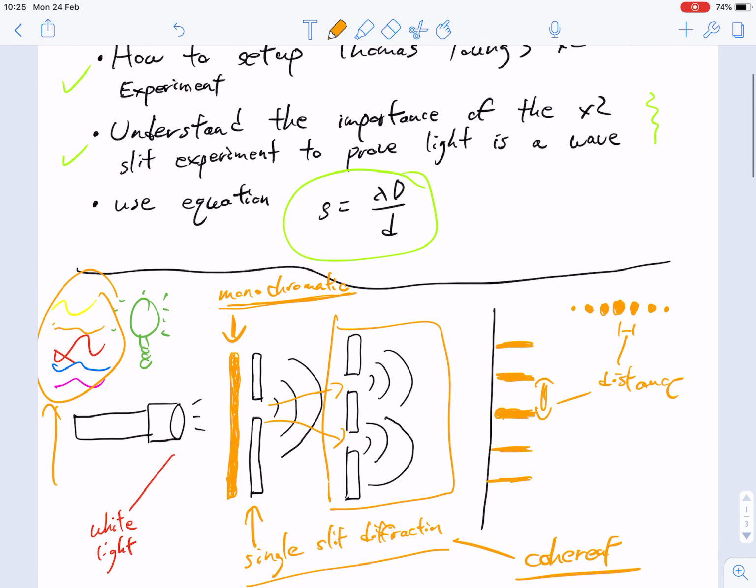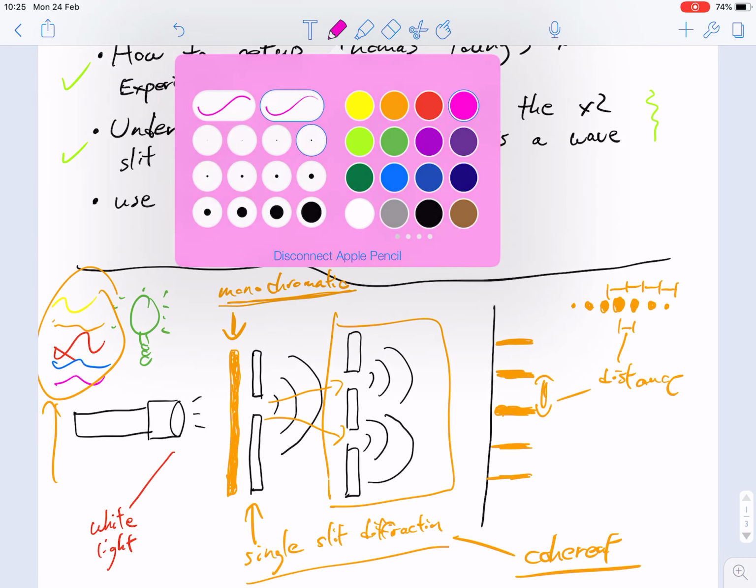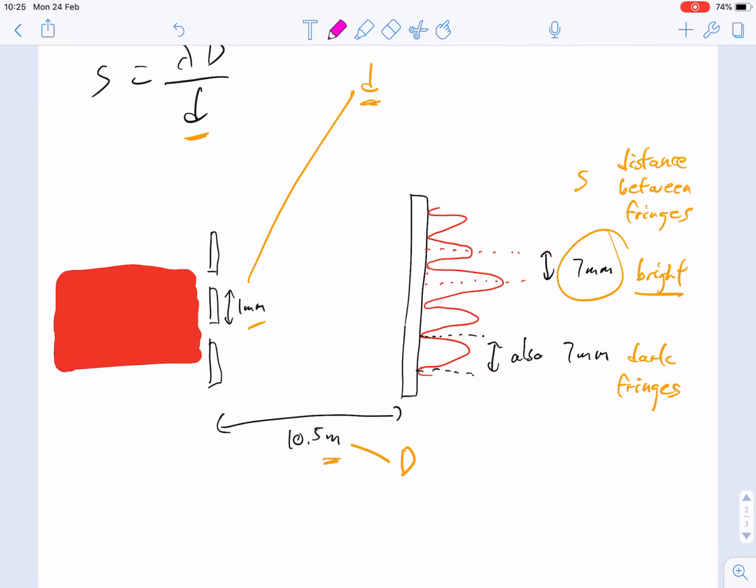If you look back at this photo here, these distances here are all equal to each other. Whether you go from this side, no matter how far out you go, or if you measure from the center of the fringes, those distances are also exactly the same. So you can take almost any measurement anywhere as long as you see the interference pattern.